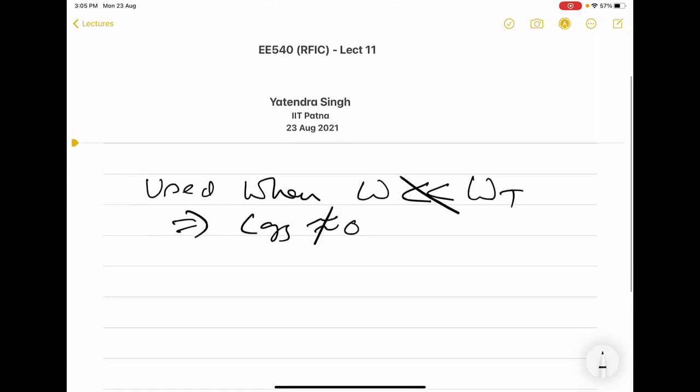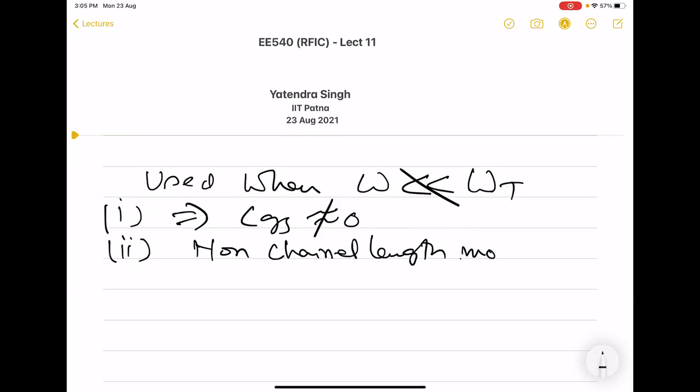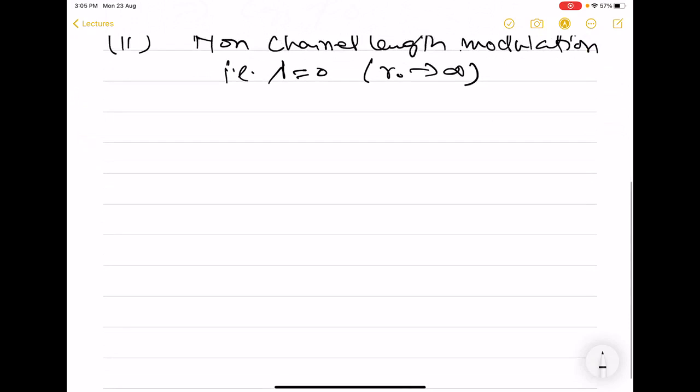So we will carry out analysis for this case, and of course we will continue to neglect channel length modulation. That is lambda is equal to 0 or R naught is infinite. So under these two conditions, we will find out the input impedance and the noise factor of this inductively degenerated LNA.